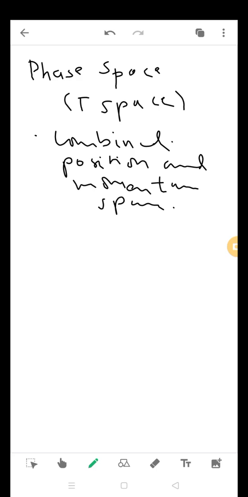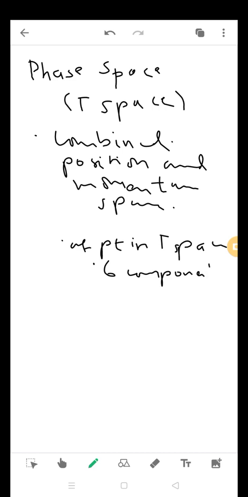So that means if we have three components of position and three components of momentum, a point in a phase space will have six components: 3 for position and 3 for momentum.